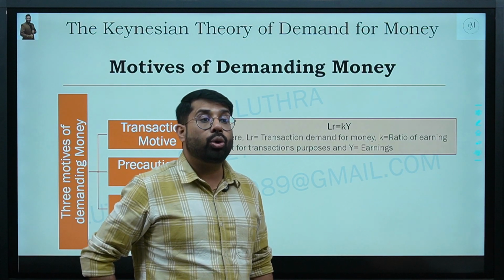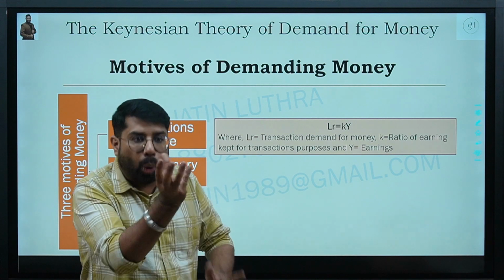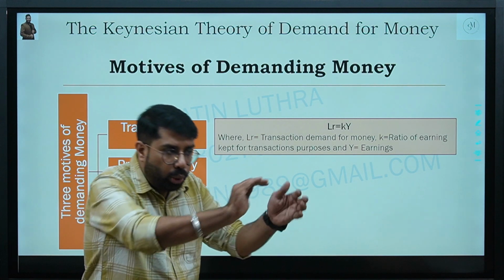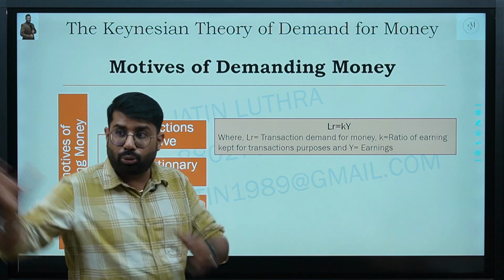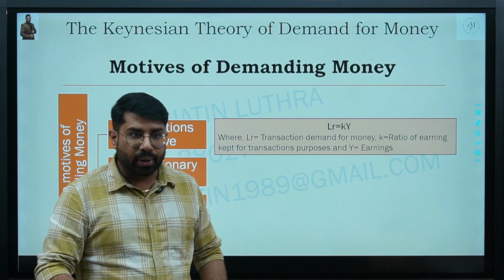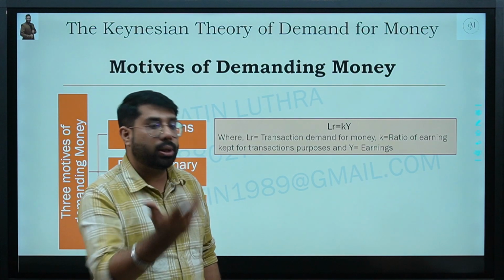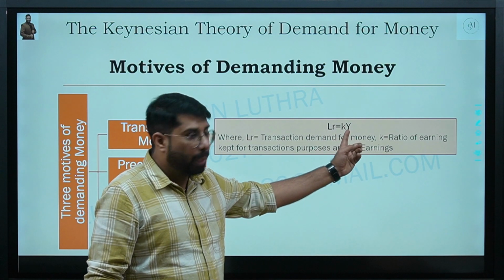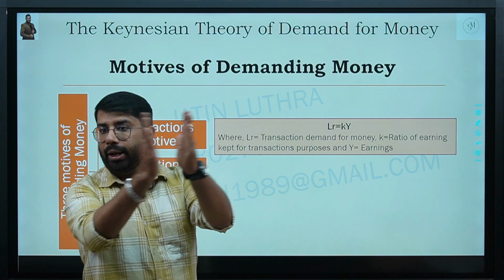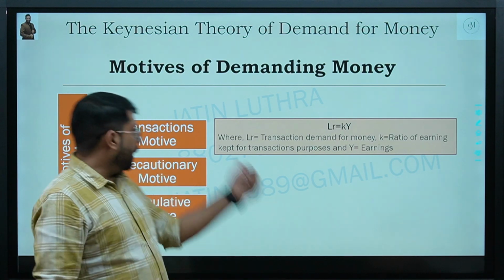How will you get to know about it? K, that is the ratio, percentage. What percentage of your income you are keeping aside for transaction purpose, for consumption purpose, for buying purpose, right? Into, this is the ratio, means percentage of what? Percentage of your earning. So this is your willingness to purchase, this is your power to purchase, and collectively it becomes your demand. That is your transaction motive.